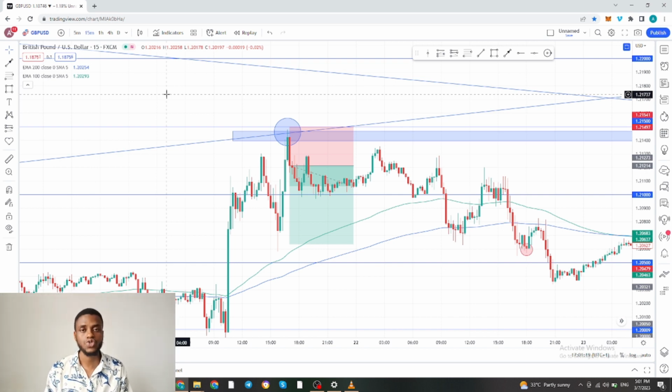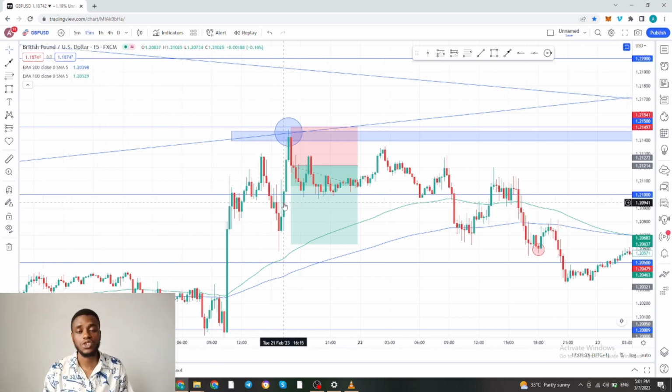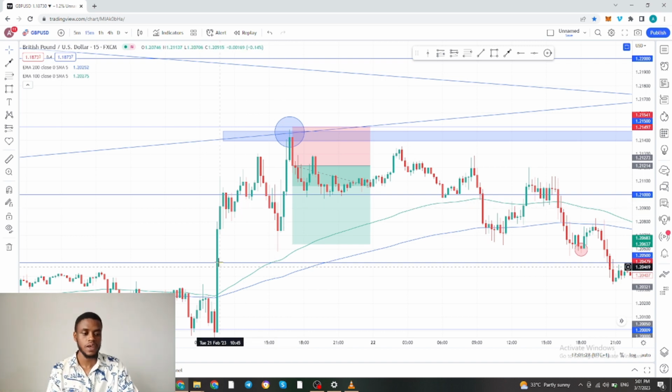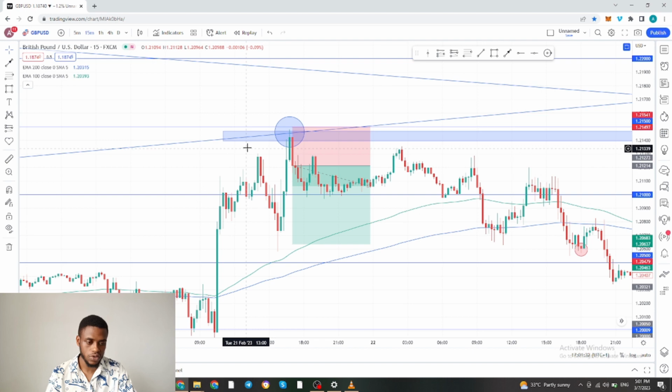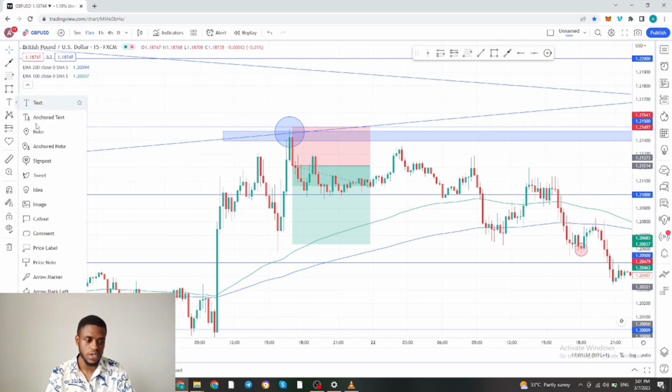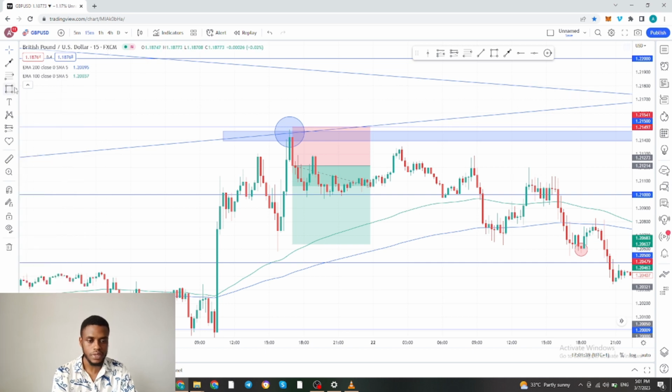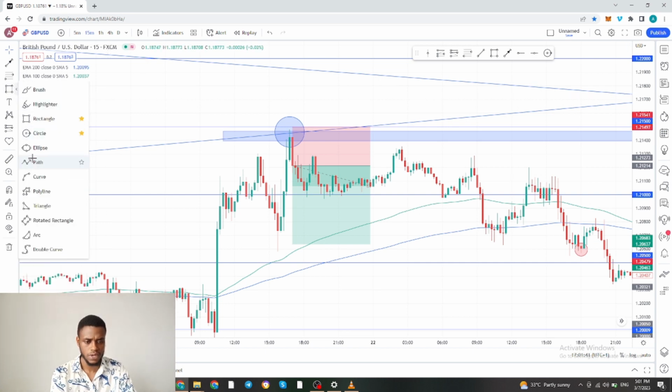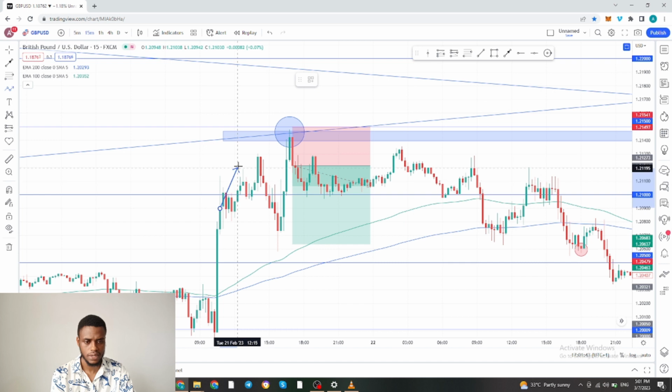Know when to enter a trade, know when price is telling you it's getting ready to reverse, and know when price is just telling you it wants to continue. Now if you look at this trade right here, like I said, if price had continued making this bullish candle, then hitting this zone, let me just mark it up so you guys understand.